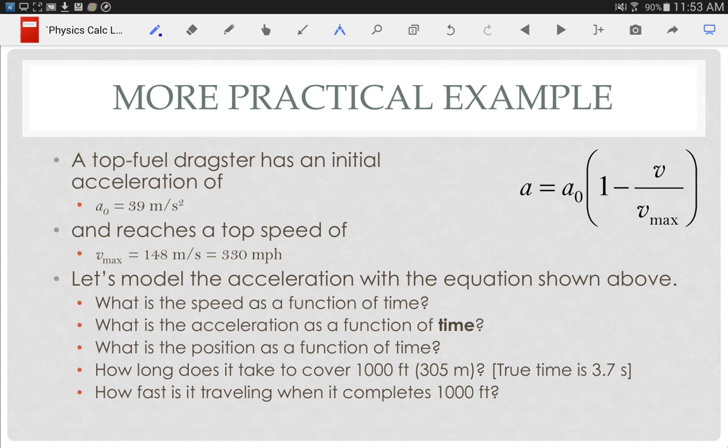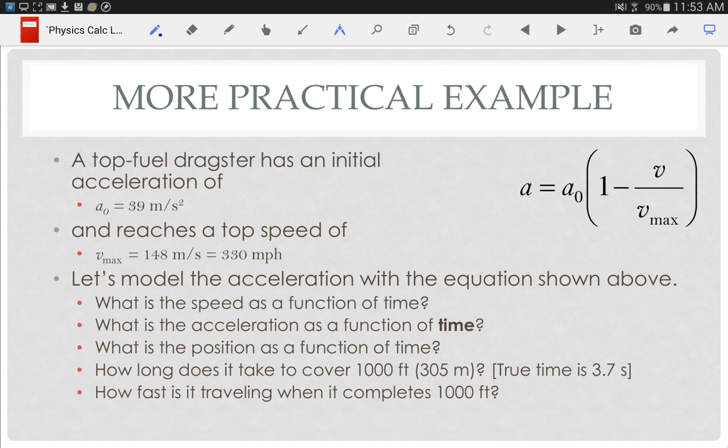The top speed that a dragster reaches, they don't do the quarter mile anymore. I'm old. They changed it from quarter mile to 1,000 feet in 2012. But the top speed that they'll hit in that 1,000 feet is about 330 miles per hour, or 148 meters per second, for a top fuel dragster.